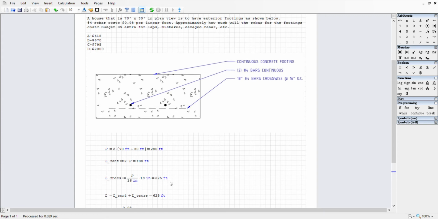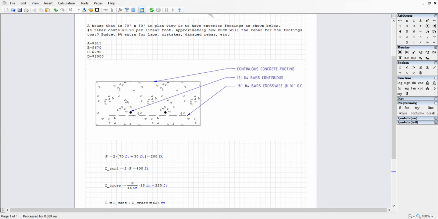So we go up, and there is an option A, which is 615. But when we did that, we didn't account for this 9% extra.